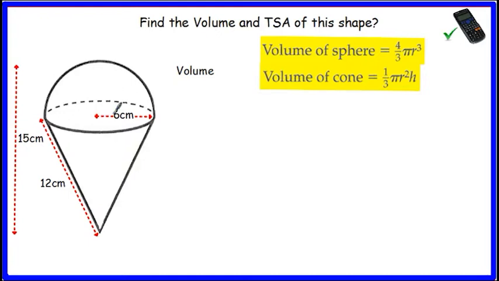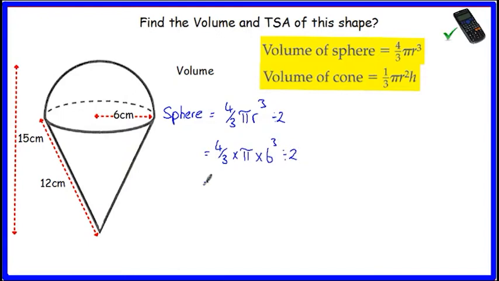So the volume of the sphere is equal to 4/3 pi r cubed. So the half sphere will then be divided by 2. You could just call this 2/3, but I won't. So it's going to be 4/3 times pi times 6 cubed divided by 2.